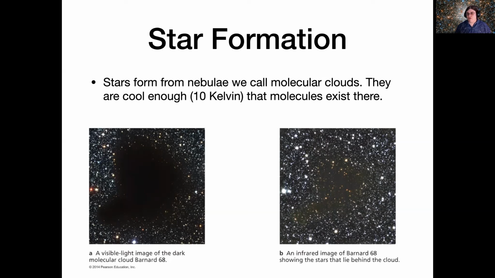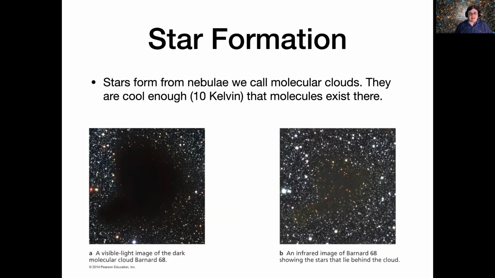But if we look in the infrared, the cloud is more transparent. So the picture on the right is in the infrared. You can see the stars behind Barnard 68. Now, Barnard 68 does redden the light that goes through it. Even in the visible light picture, you can see that the stars near the edge of the cloud, their light is not completely absorbed.